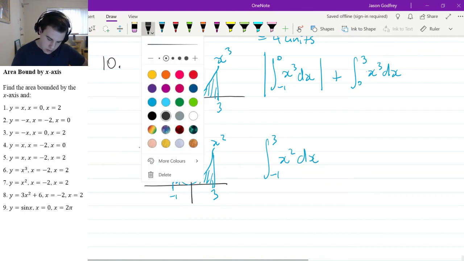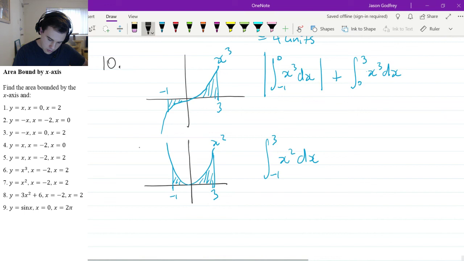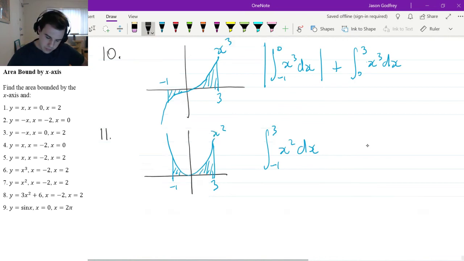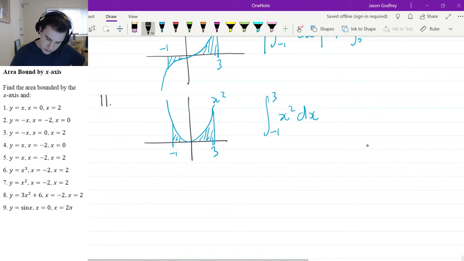So if you want to have a go at that one, we'll call that one 11. You don't need to break it up into 2 pieces, but this one you would, because there's some above and below. And what about another scenario where there's some bits above and some below either side?